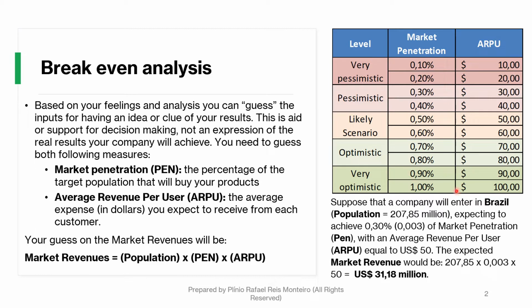Let's say that in your home country, after a lot of years, you now have 1% market penetration and $100 per year per customer buying your product. So the very optimistic approach is what you believe you can achieve in the best conditions, basically having a target market like your home country, just in the first year.